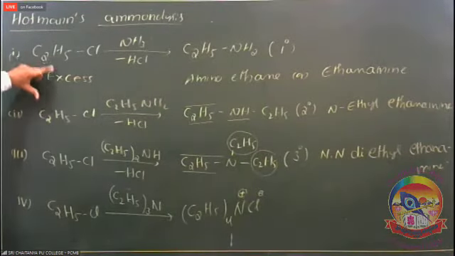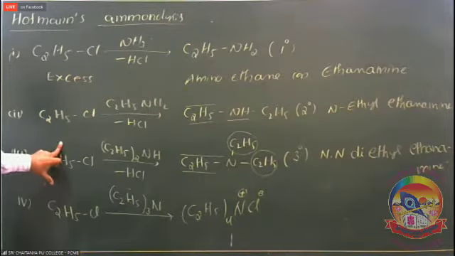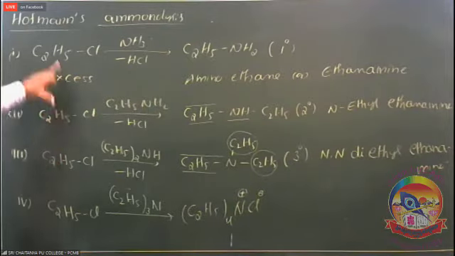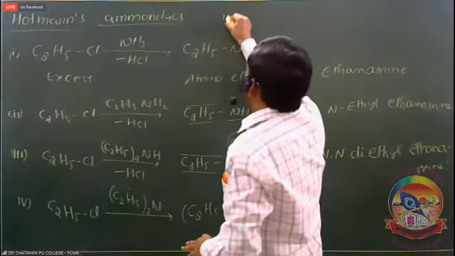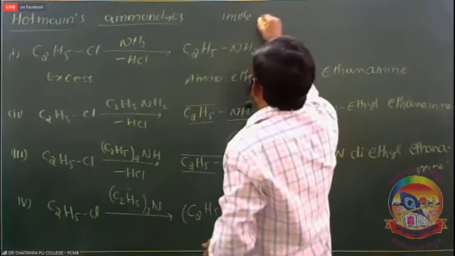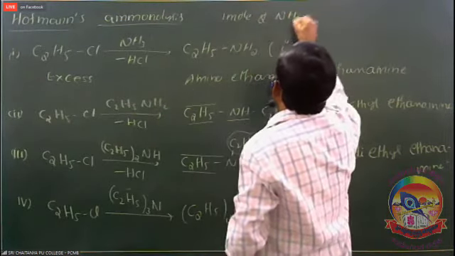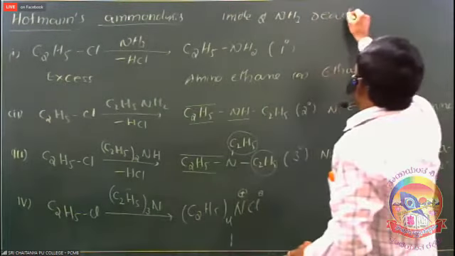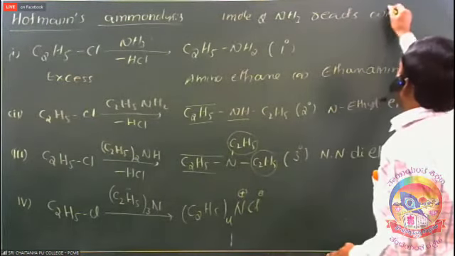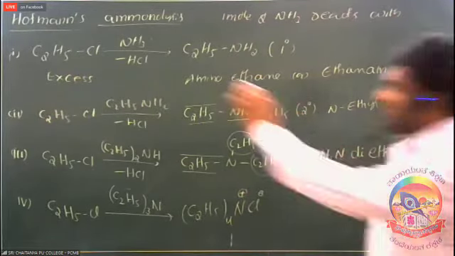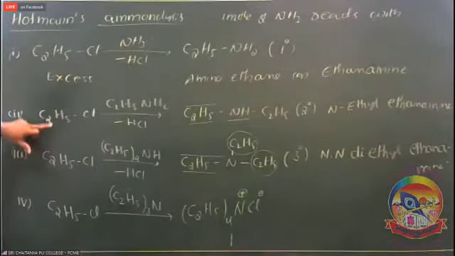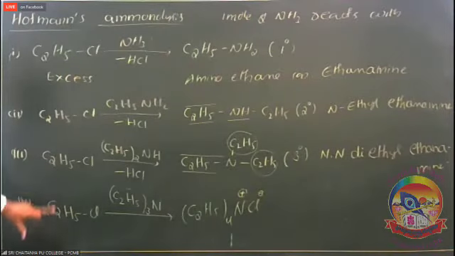So ammonia reacts with ethyl chloride. If you take excess of ethyl chloride, in how many steps does the reaction take place? 4 steps. So 1 mole of ammonia reacts with how many moles of ethyl chloride? In the first step it is 1 molecule, the second one, the third one, the fourth one.